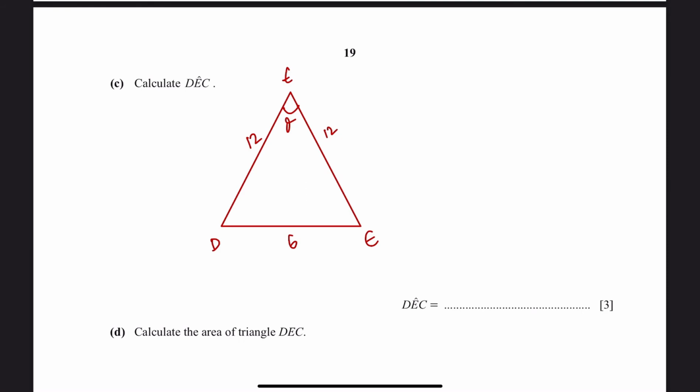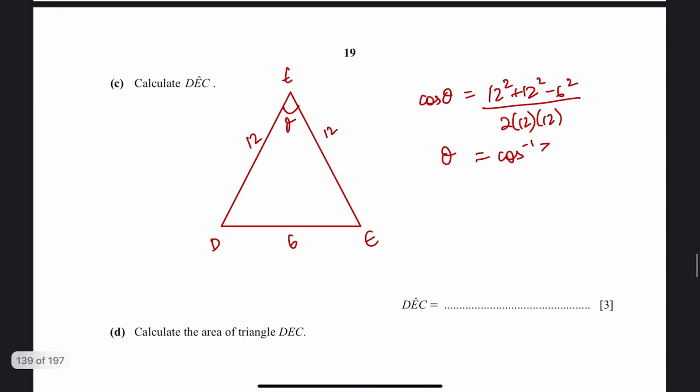I'm going to say that cos theta equals 12 squared plus 12 squared minus 6 squared divided by 2 times 12 times 12. That gives .955, which is 29.0 degrees.